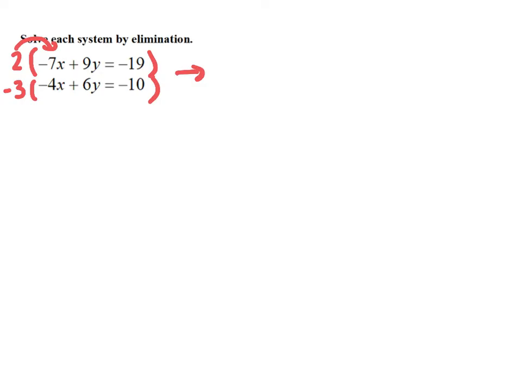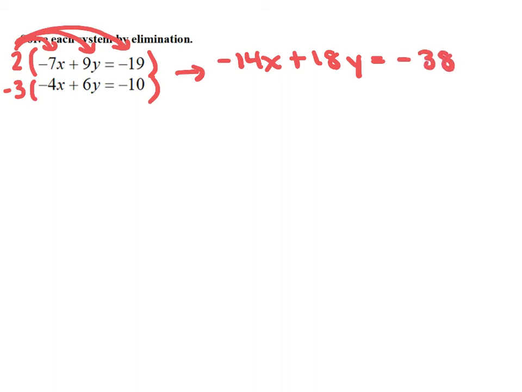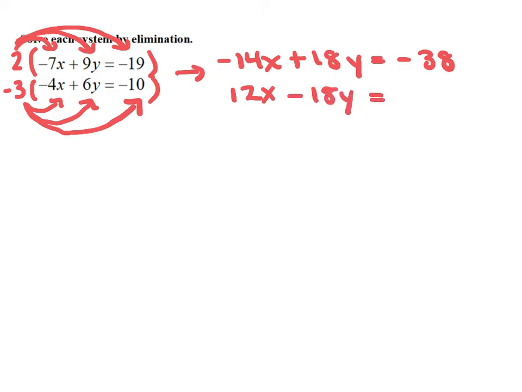Now if I distribute that 2 throughout the first equation, it'll give me negative 14x plus 18y equals negative 38. If I distribute the negative 3 to the second equation, it'll give me 12x minus 18y equals 30.